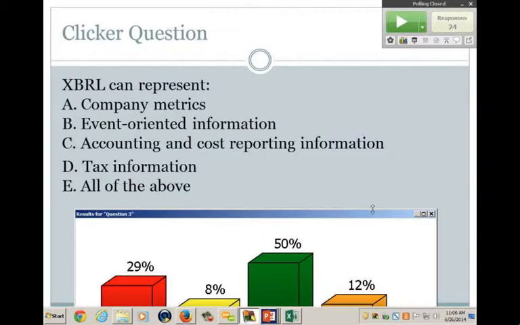GL is a standard more oriented towards lower-level types of reports. Then accounting and cost: remember, I represented accounting information, and part of it is cost information, cost of goods sold. Tax information: several tax entities are using XBRL and an XBRL dialect for filing. Australia is doing that, the UK is doing that, Inland Revenue in the UK.